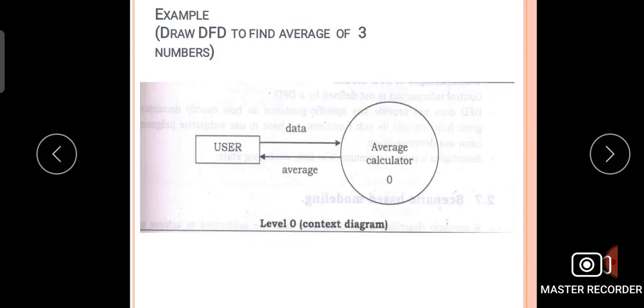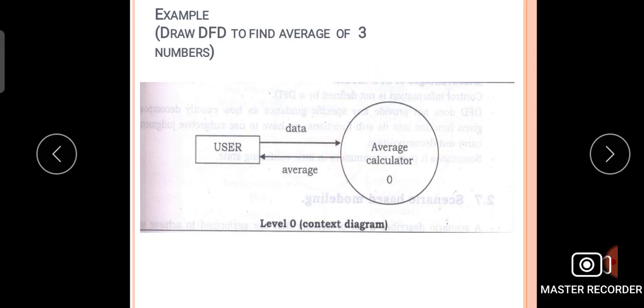Here is our example of a context level diagram. It means level 0 of the DFD system. The user is our entity, and the average calculator is our process. So what is the process of the user? The user can calculate the average of total subjects. Once again, user is our entity and average calculator is its process.